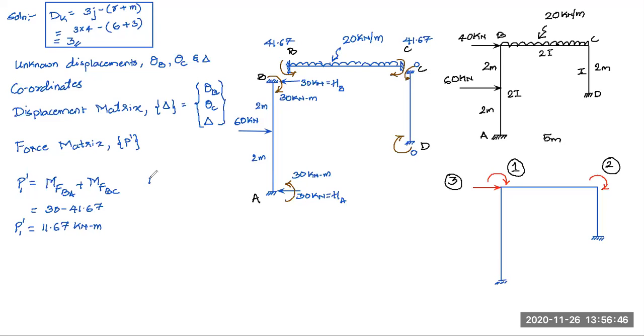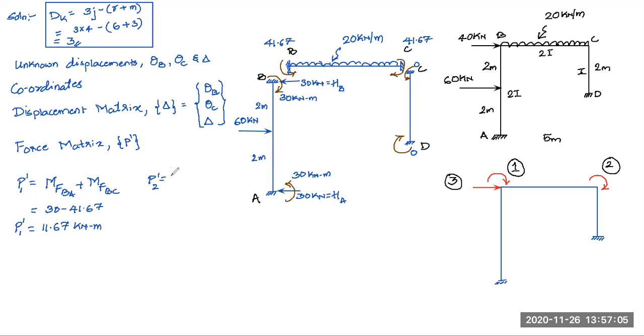Similarly, what about P2 dash? P2 is here. It will be for MCB plus MCD. P2 dash will be equal to, this also corresponds to a rotation. So I'll be finding what is the total moment at joint C due to the load applied on the member.